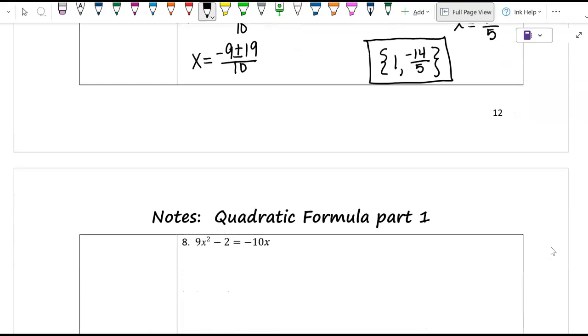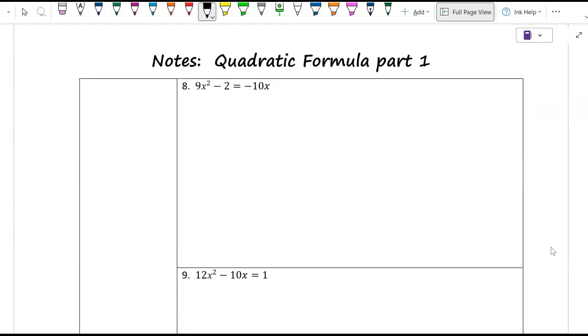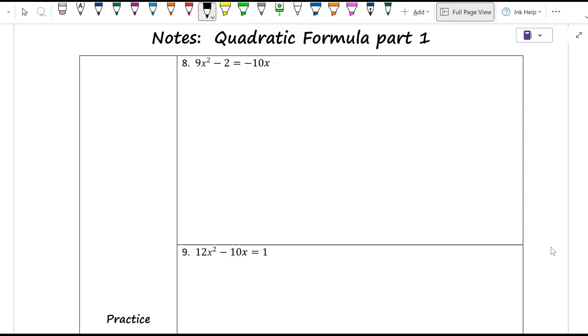All right, number 8. 9x squared minus 2 equals negative 10x. Again, the first step is to add that 10x to both sides because I need one side equal to 0. So 9x squared plus 10x minus 2 equals 0.